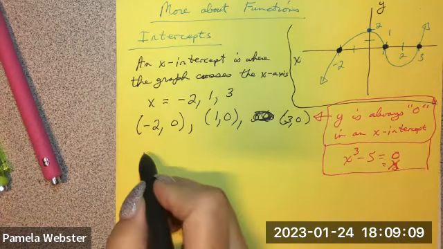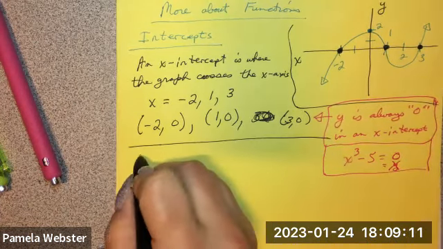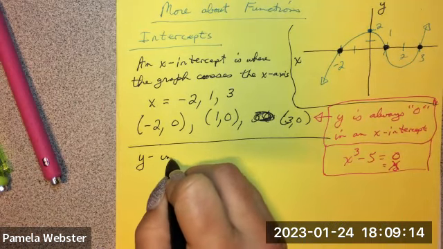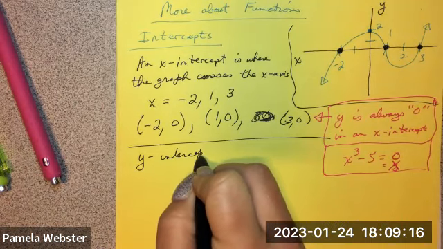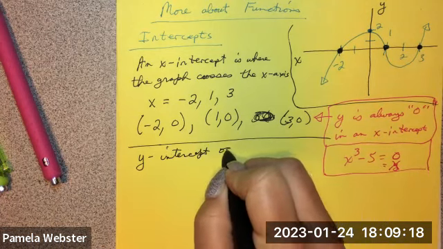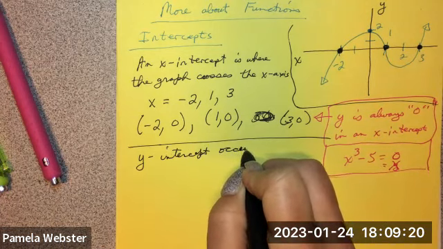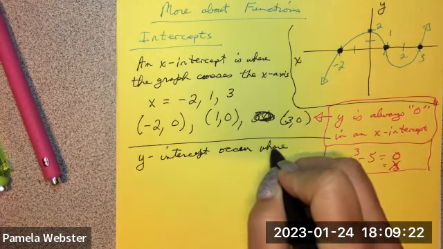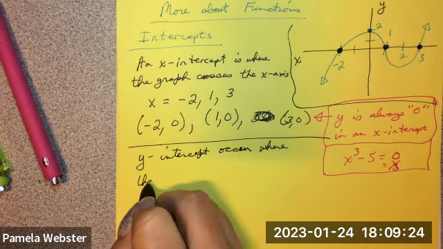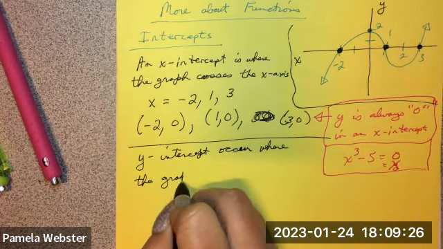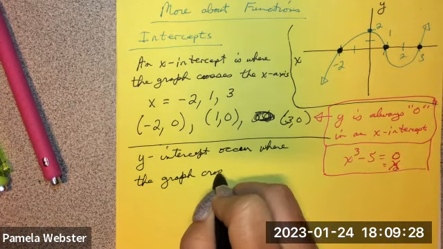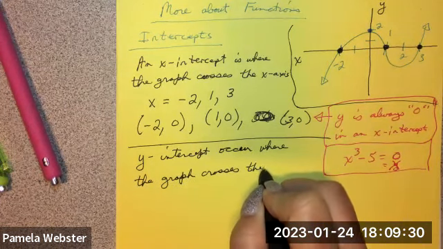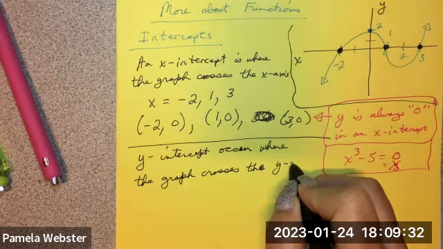So let's talk about y-intercepts. Y-intercepts occur where the graph crosses what? In my head, I hear you saying where the graph crosses the y-axis.